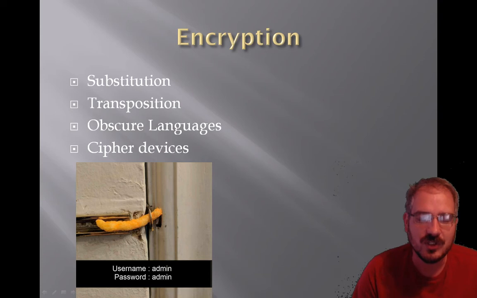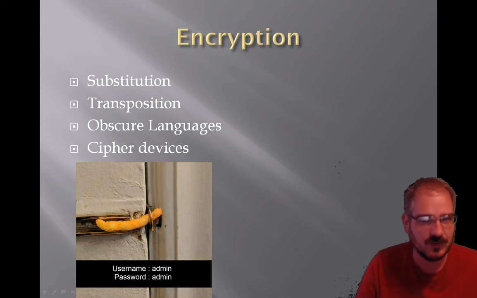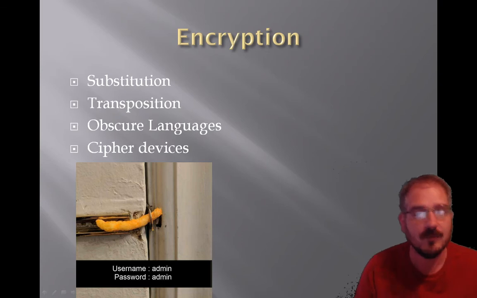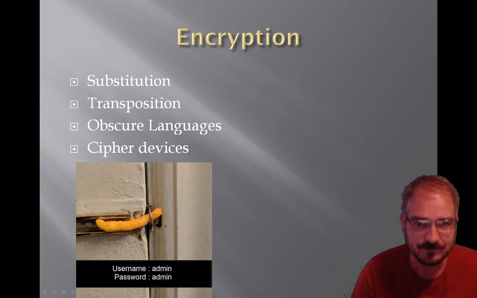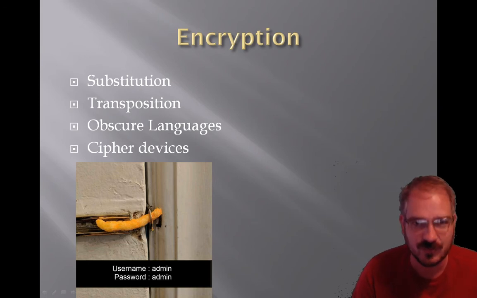But no matter what you do, even people can crack substitution ciphers if given enough of the ciphertext and enough time. Computers can do it really easily. So those have fallen out of use with any kind of serious encryption schemes.